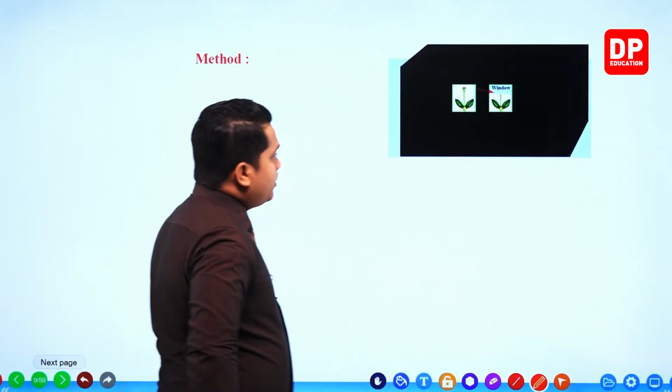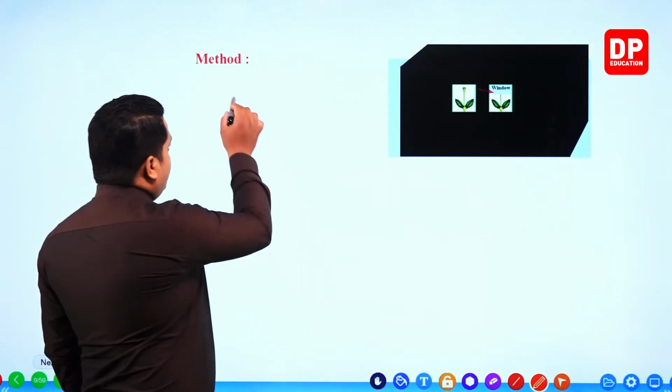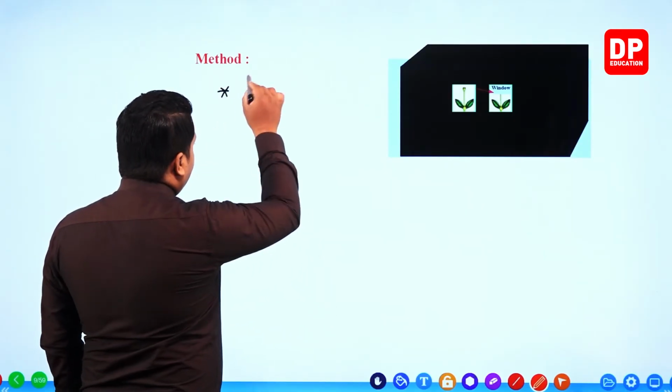So we'll write down the method first. What is the method? It's really simple.